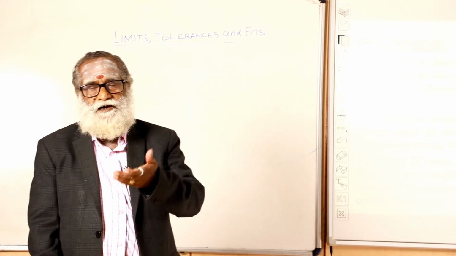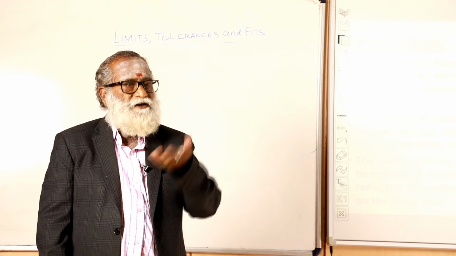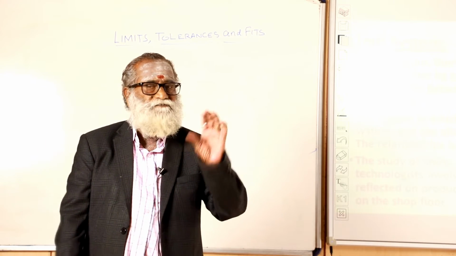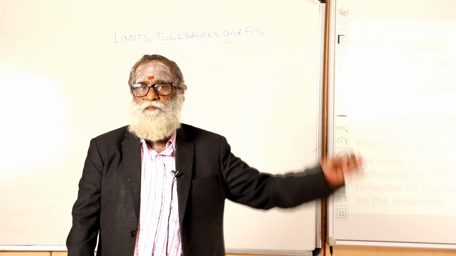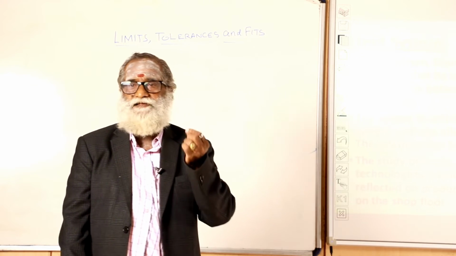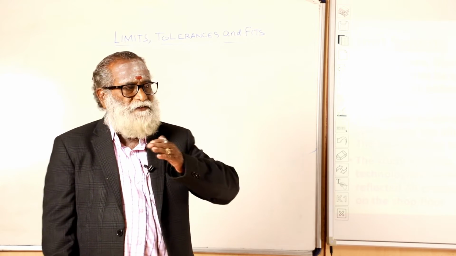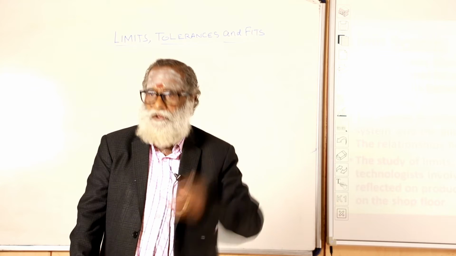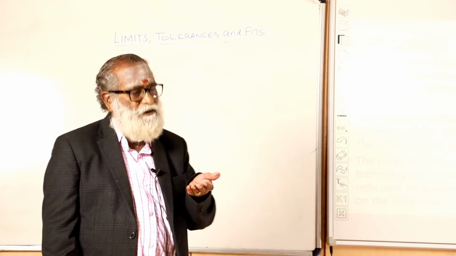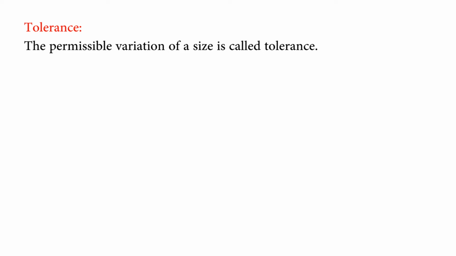What I said earlier, the limit is a permissible error, a very simple word: a permissible error allowed for the worker in mass production, and that is called the limit. If it is higher than the basic size, it is called the upper limit. If it is below the basic size, we call it the lower limit. And the tolerance is the permissible variation of a size.